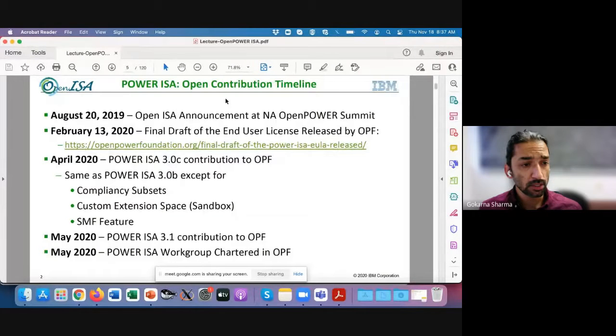If you look at this timeline: August 2019, the OpenISA announcement at the North America OpenPOWER Summit, which happens every year.